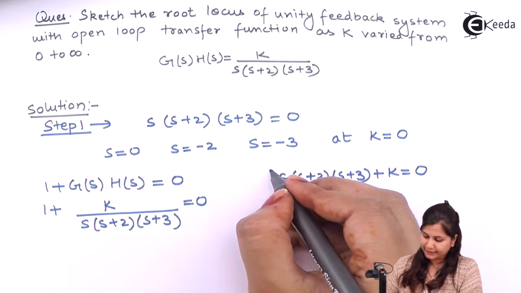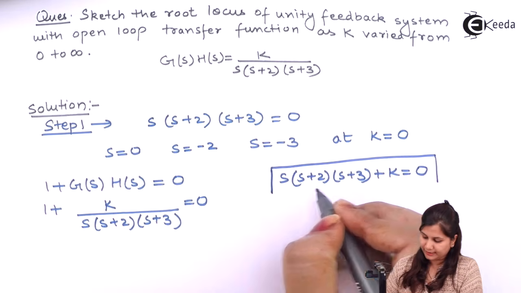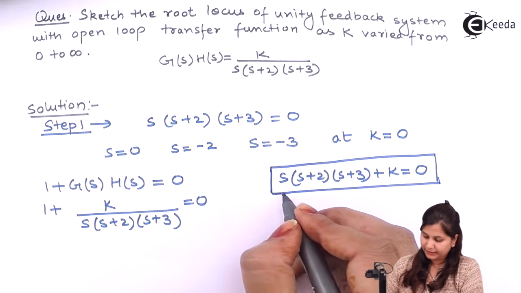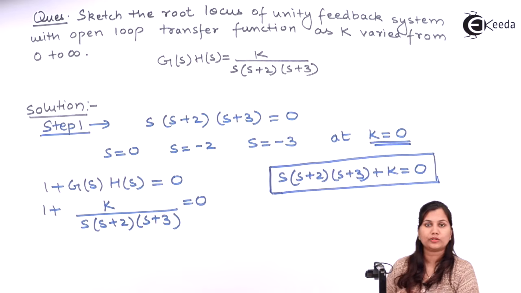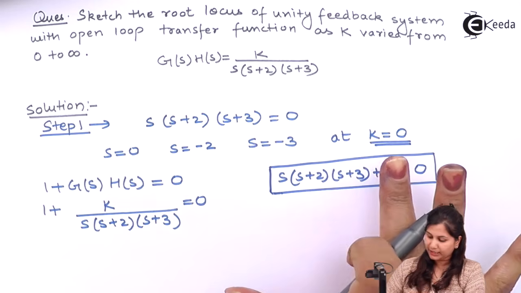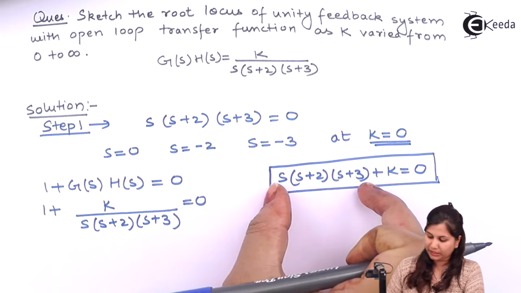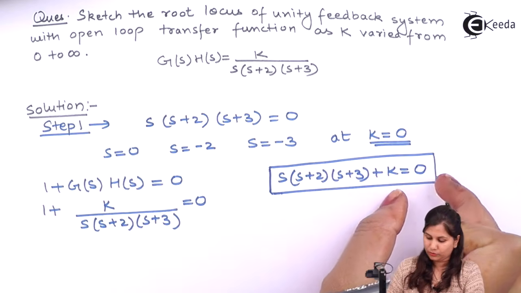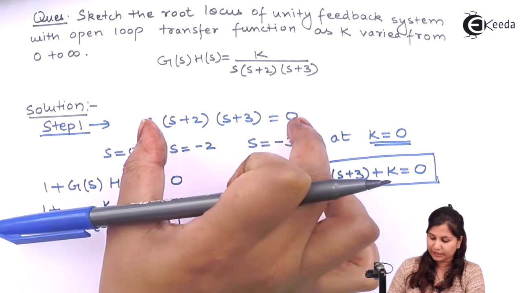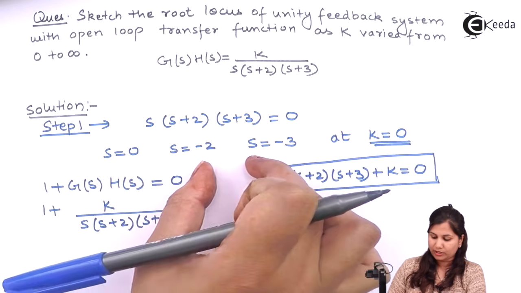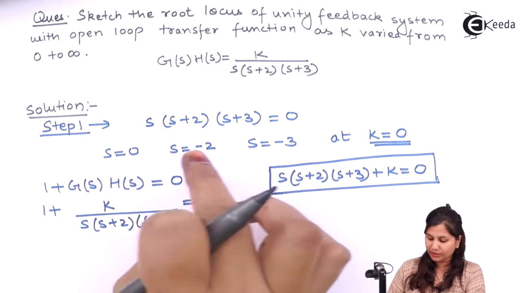This is the characteristic equation of this system. Now we take K equals 0, so the remaining term will be equal to 0.